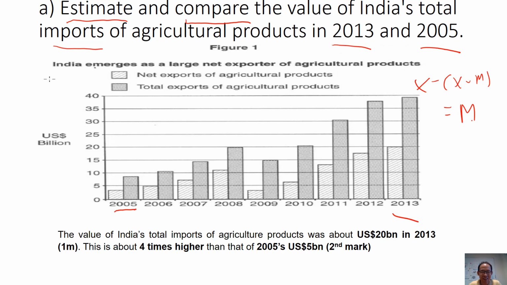So in order to get an estimate of the imports of agricultural goods in 2005, if I look at my eyes, this one, somewhere here, you can roughly estimate that in 2005 it's about 5 billion.